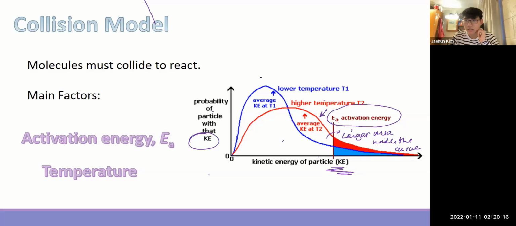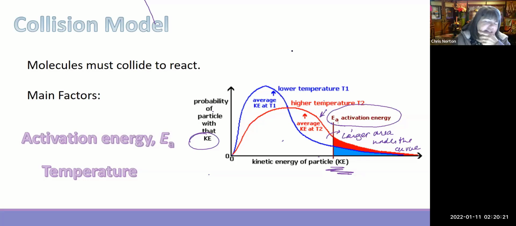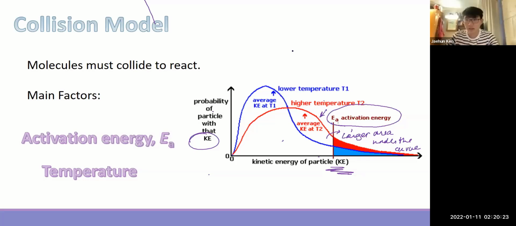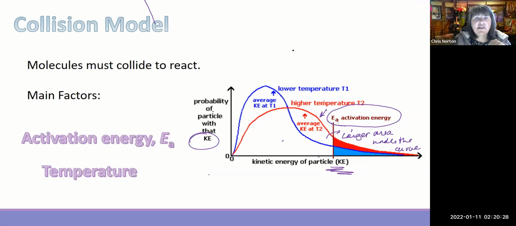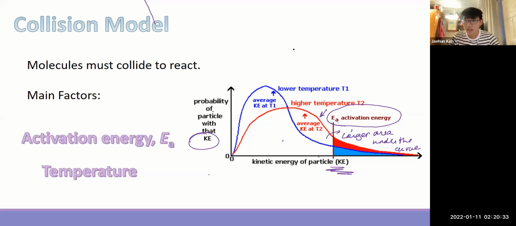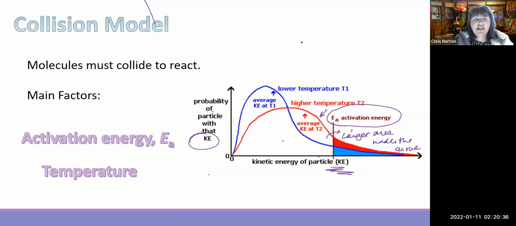So like some particles might have enough energy to react, but some might not. Yes, since temperature is based on the average kinetic energy, some of them are going to have enough kinetic energy to collide with enough force to break and reform bonds, and others will not. As you increase the temperature, you're going to increase the probability that more of those molecules will be able to cross that threshold.